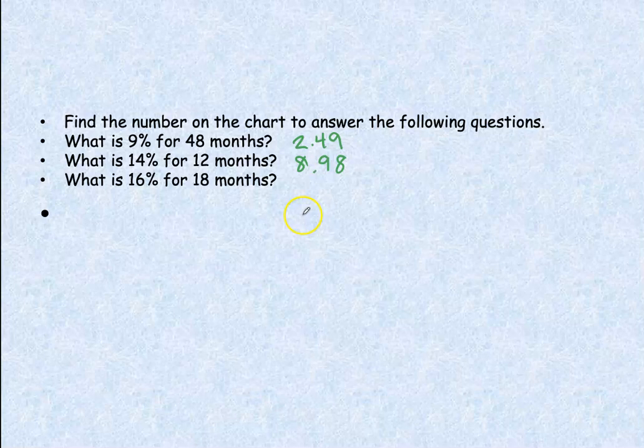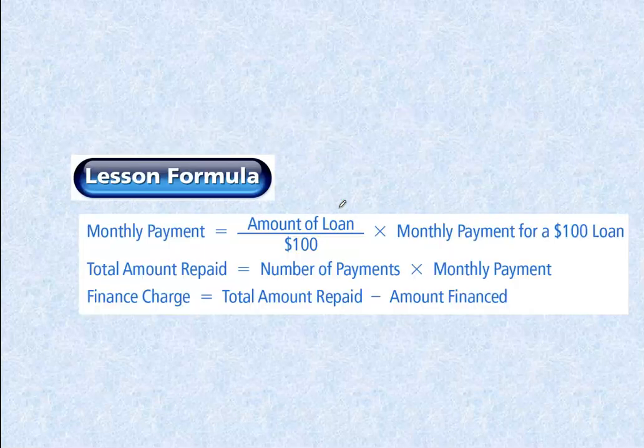And 16% for 18 months would be 6.29. Let me know if you're unable to figure that out. You might want to pause the video and go ask Ms. Dahlstrom for clarification. So here are the 3 formulas that you are going to use.